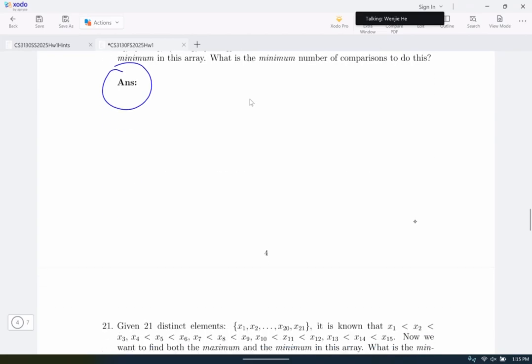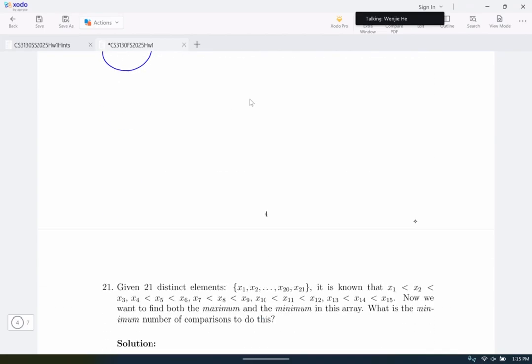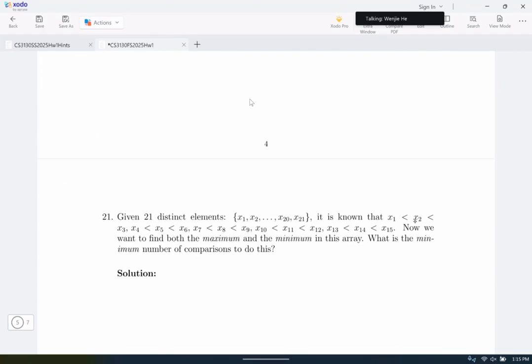Part C, you see, I use this word solution. I expect a full solution. An answer is not enough. Details are more important.